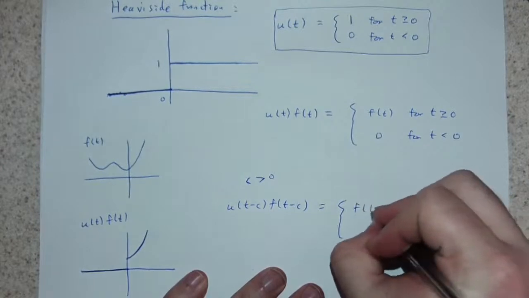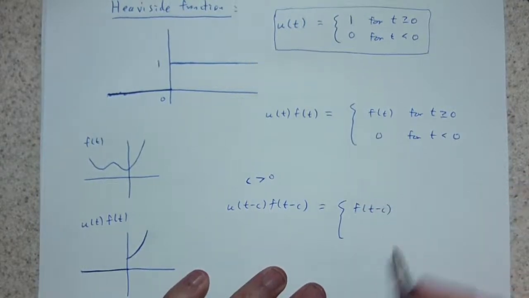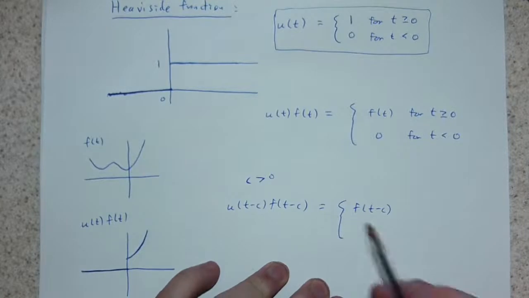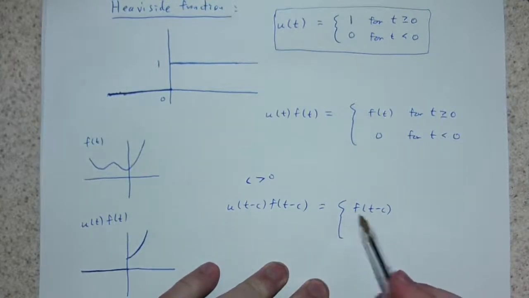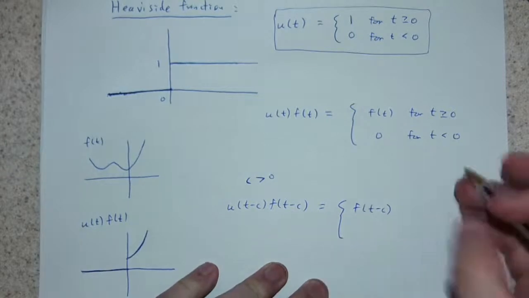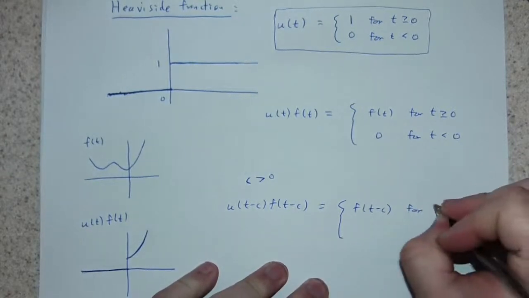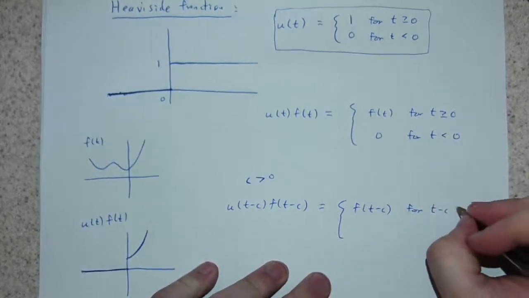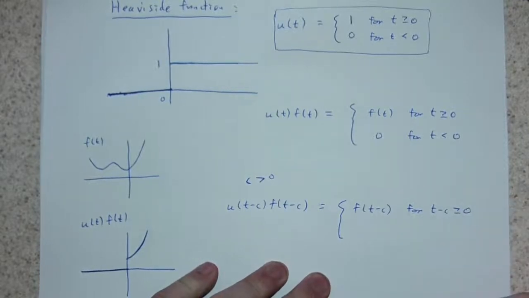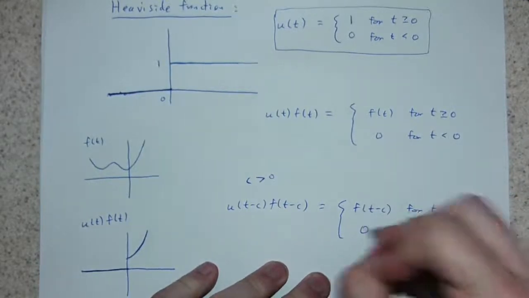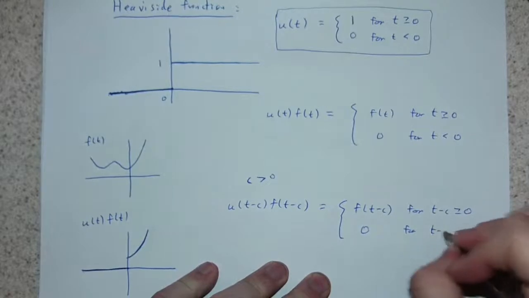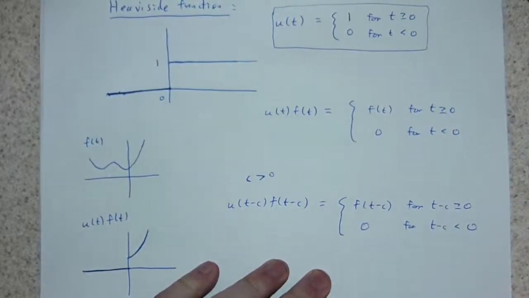And what I get is this function agrees with the functional values of f of t minus c when t minus c is greater than or equal to 0, and it's 0 for t minus c less than 0.